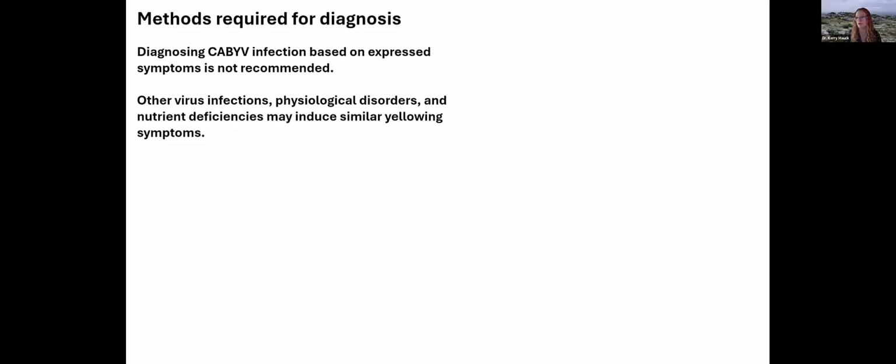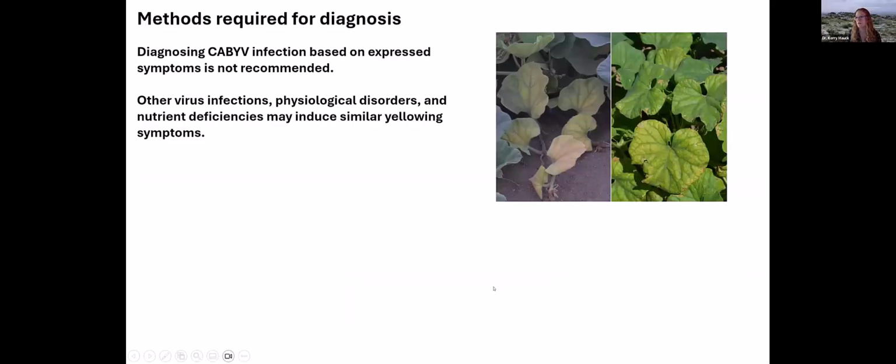So there's a lot of physiological disorders, including nutrient deficiencies, and even drift from herbicides and other chemicals that can induce symptoms that are very similar to viruses in the plants. And of course, many viruses cause symptoms that are very similar to each other. All right, so if we had to ask, are these both pictures showing infections by CABYV?